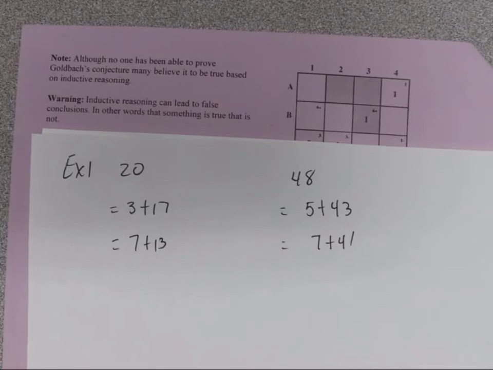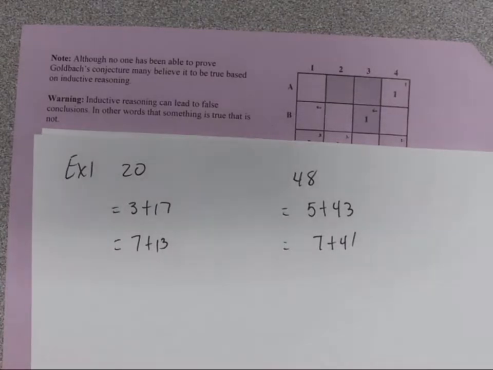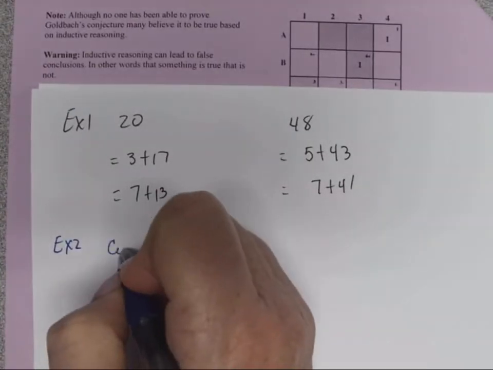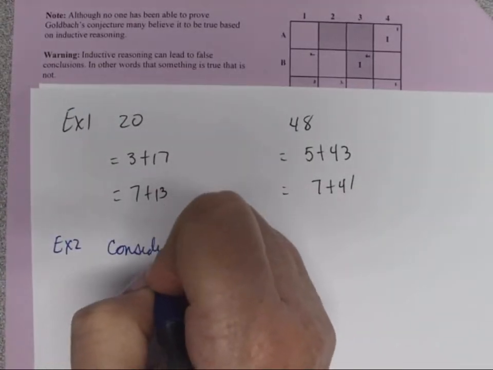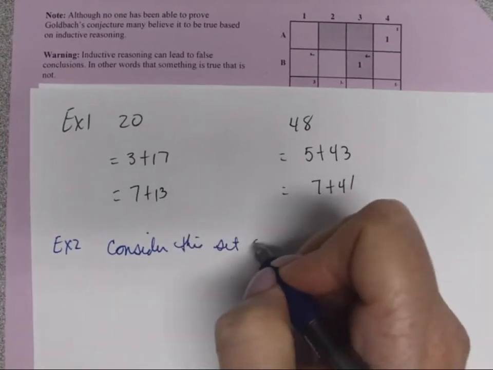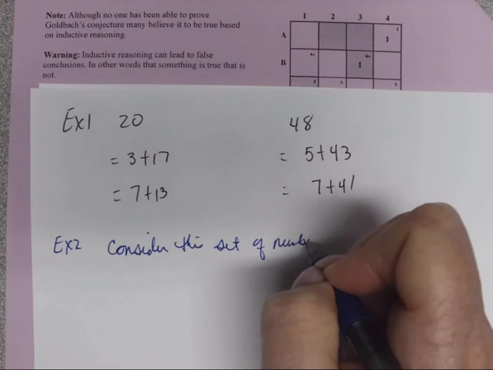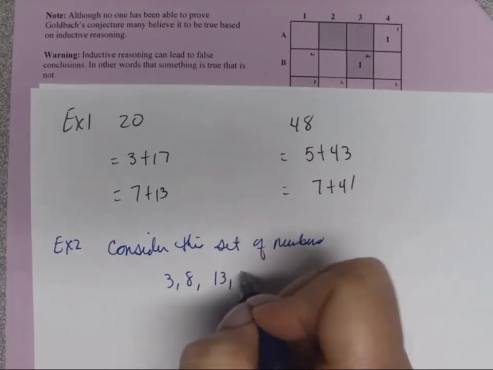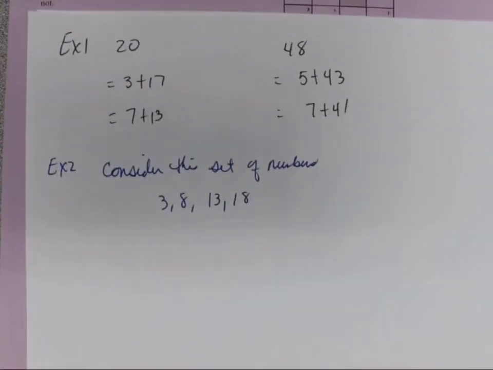All right, so let's look at example 2. For example 2, we want to consider this set of numbers. We have 3, 8, 13, and 18.